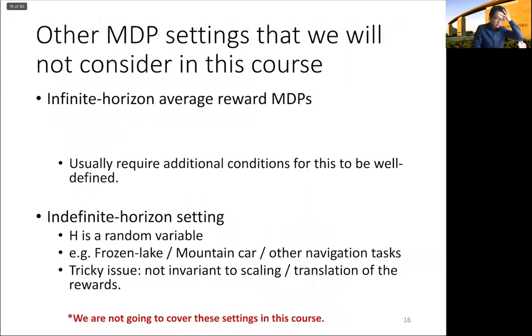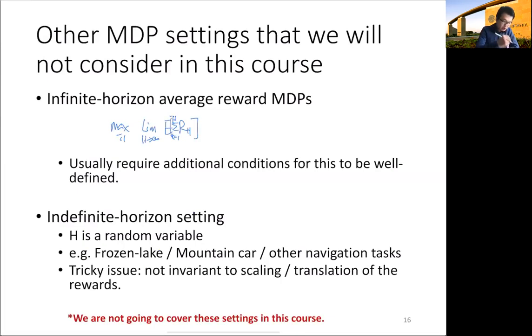All right. Lastly, there are other Markov decision process settings that we will not be studying in this course. There is the infinite horizon average reward MDP, where the goal is to maximize the limit as h goes to infinity of 1/h times the expected value of the sum of r_t from t=1 to h.